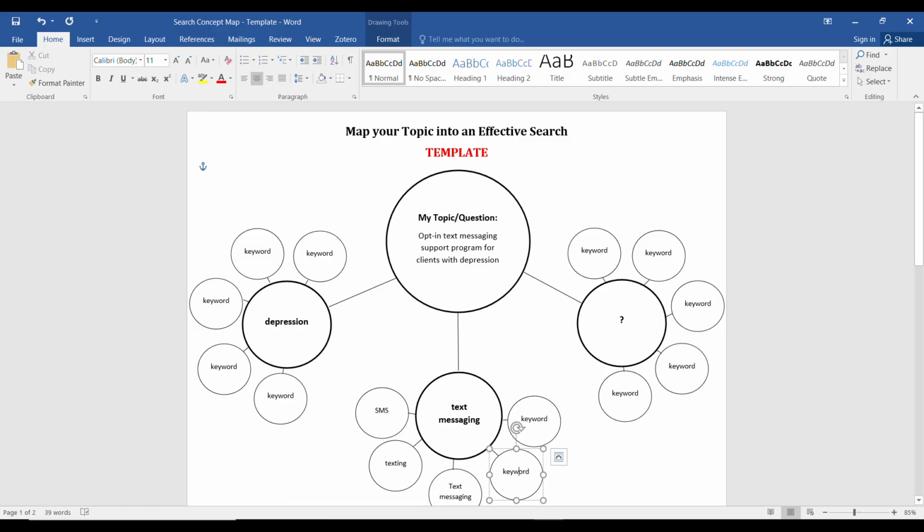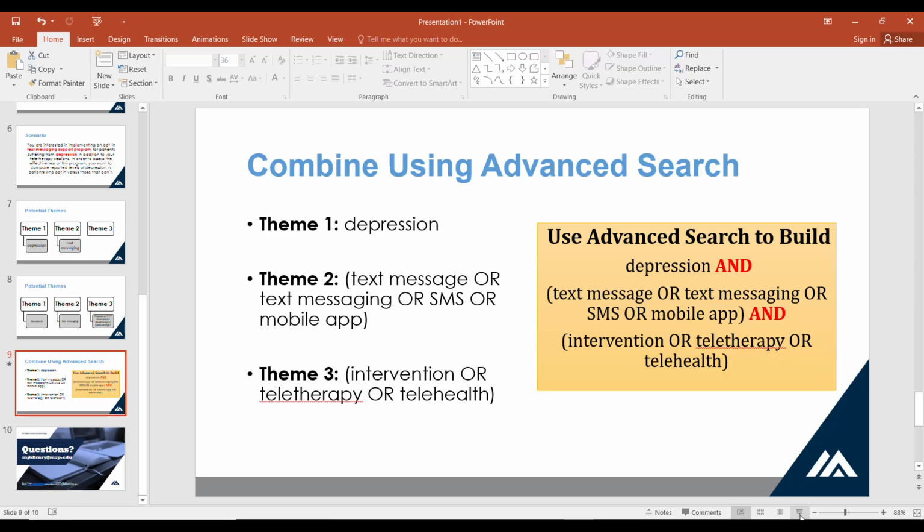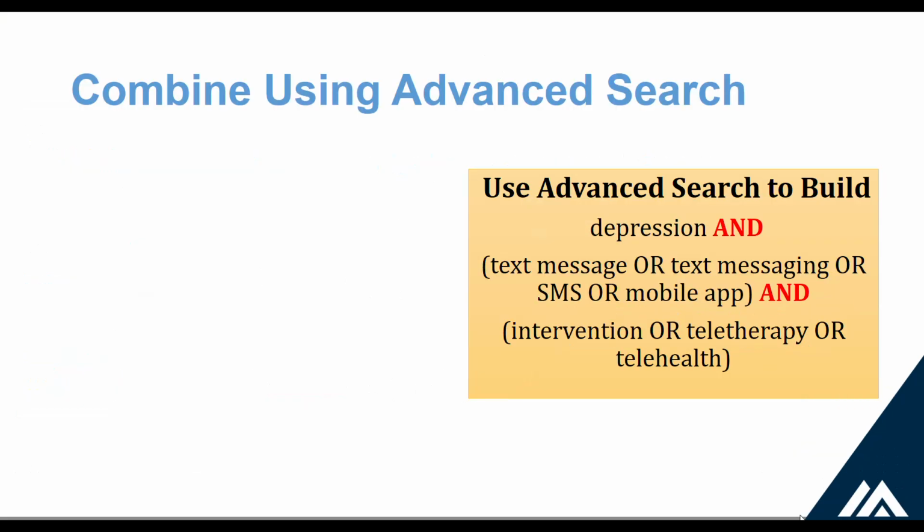And again, depending on if you want a third theme here, you would want to brainstorm different synonyms for those topics. So this goes back to one of our other Super Searcher concepts, which is combining these with AND or OR, those connector terms. AND is connecting those big themes together.